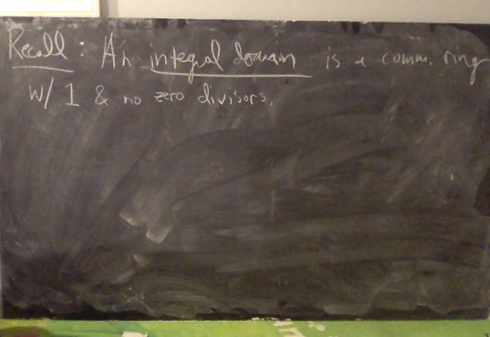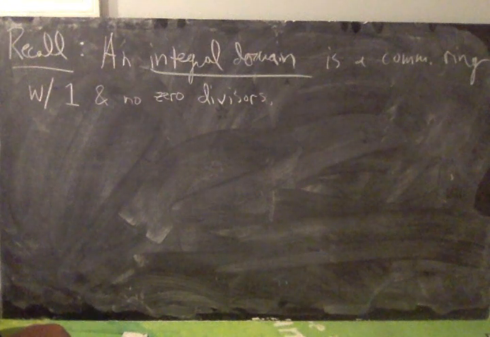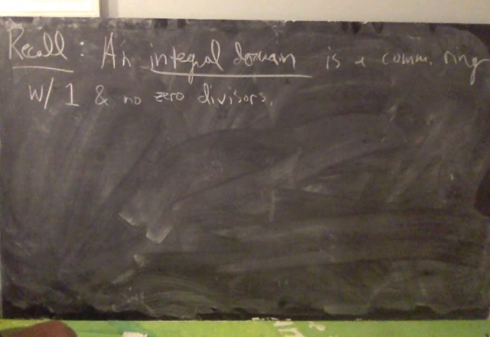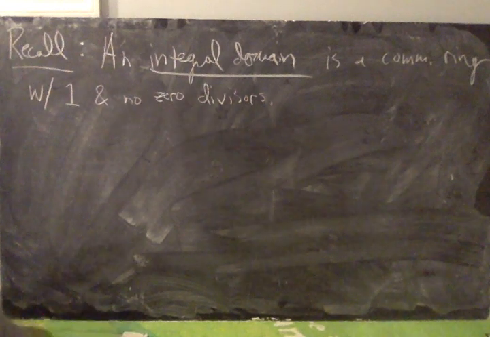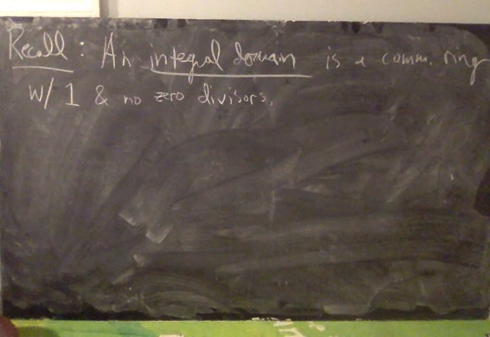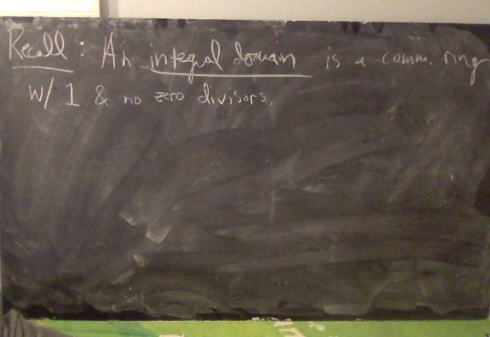Okay, everybody, this is the snow day lecture on Monday the 2nd of December, and we're in chapter 10.1 in the text if you're following along. So we're back to rings after studying groups for a bit.